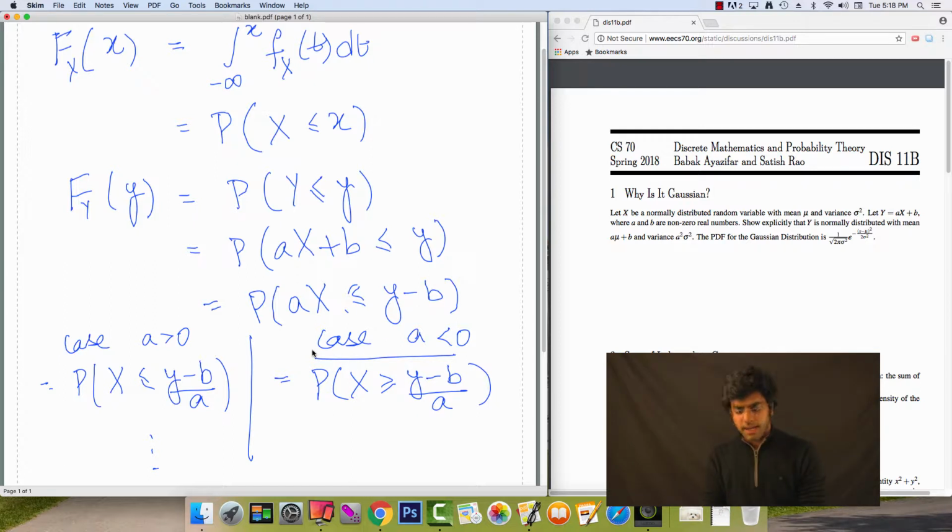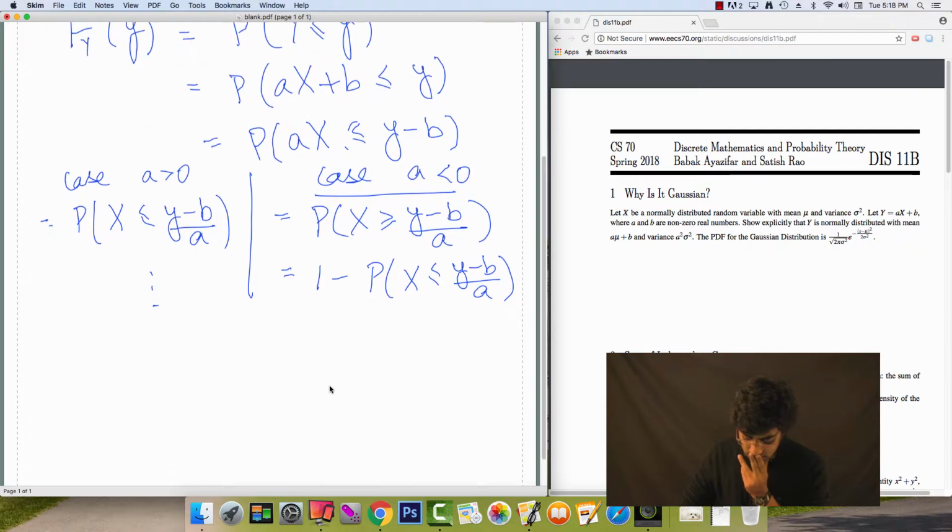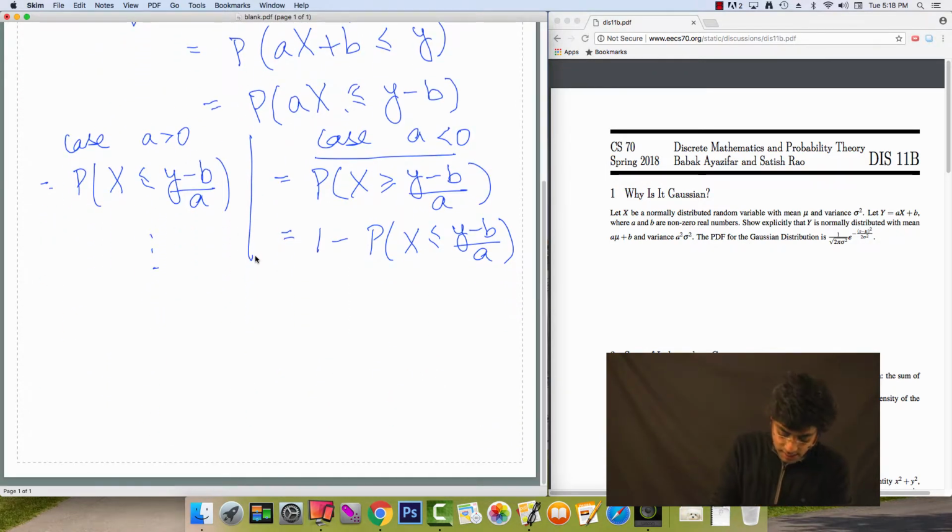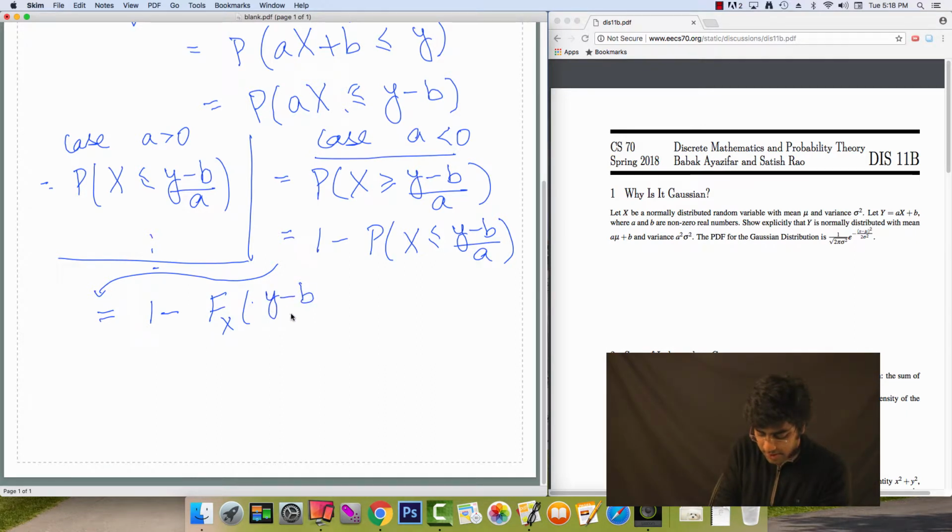So I divide both sides by a and my inequality flips, which is the same as 1 minus the probability that X is less than or equal to (y minus b) over a, which is just 1 minus capital F at (y minus b) over a. And remember, a is a negative number over here, right? So we're working in the regime when a is less than 0.